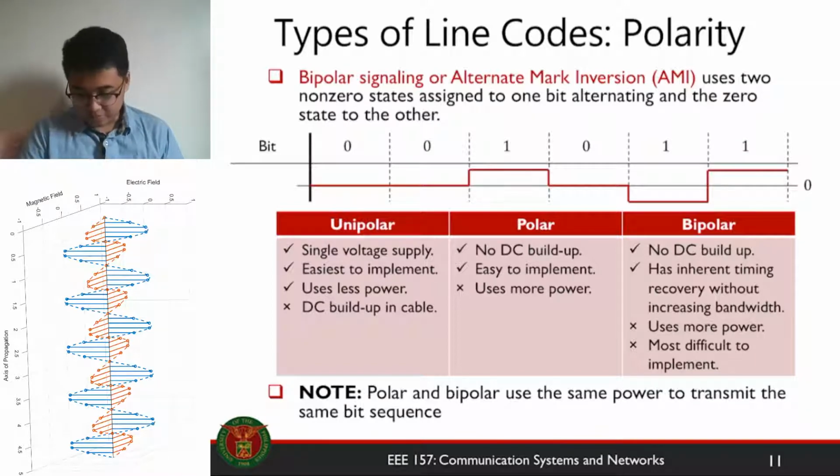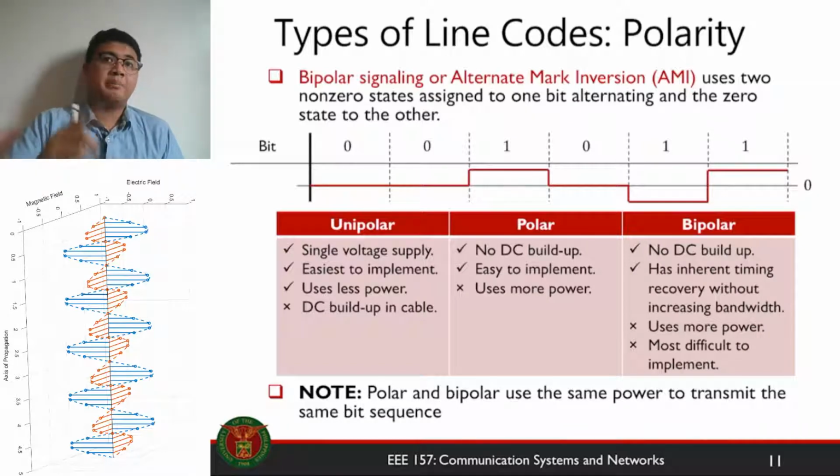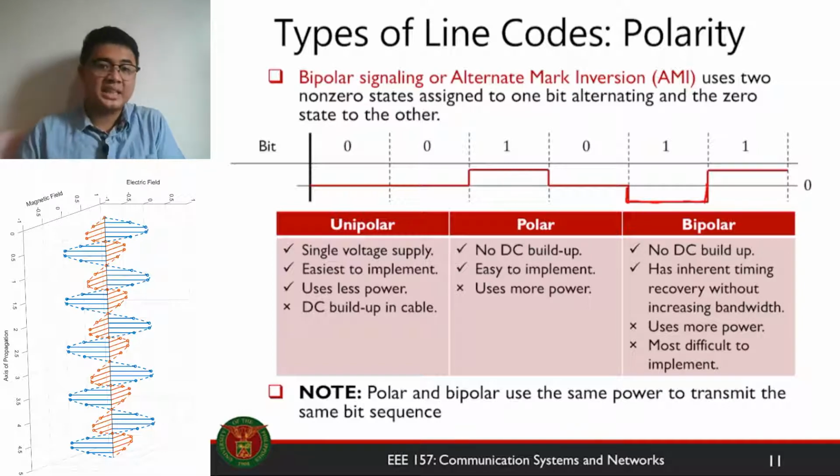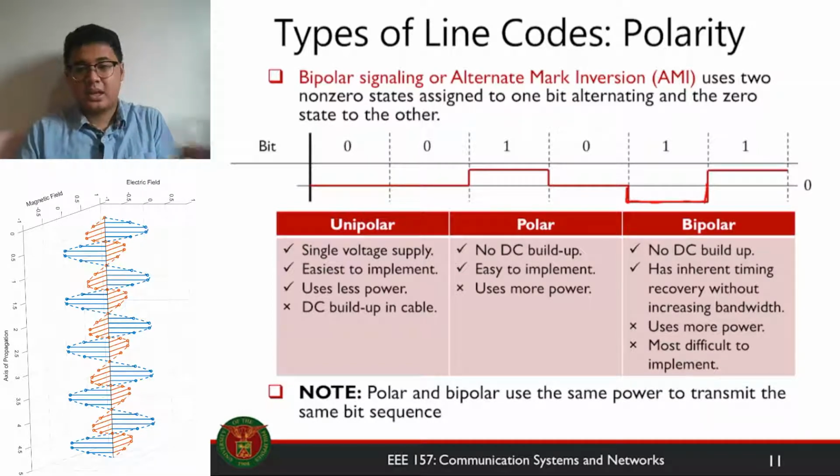For example, here the first bit 1 is in the positive high state. The next bit 1, as you can see, is already inverted in the negative high state. So the bottom line here is bit 1 is still in the high state, but bit 0 is always at 0 volts.